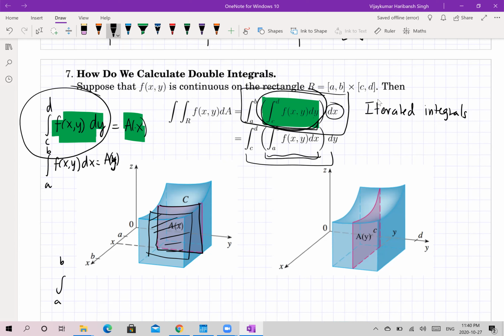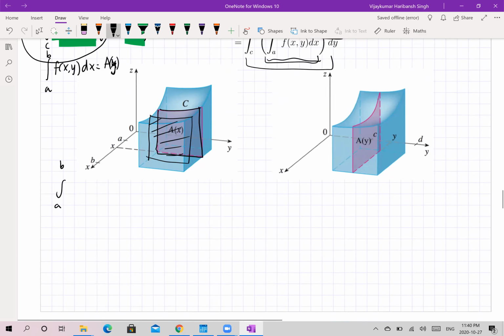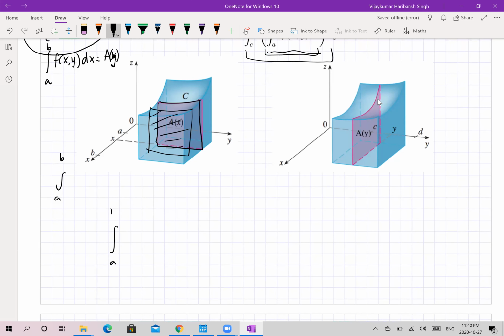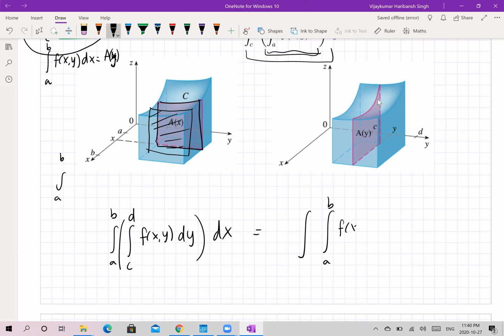Similarly, it works for A(y). So the fact that these two are equal: the integral from c to d of f(x,y) dy then dx, or you do the integral from a to b of f(x,y) dx and then dy from c to d.